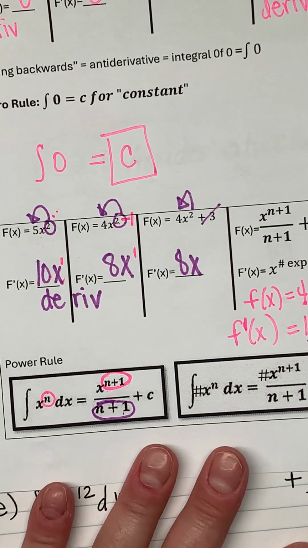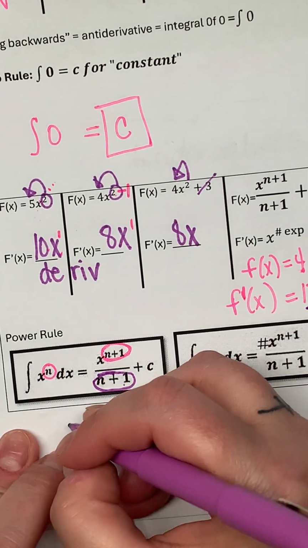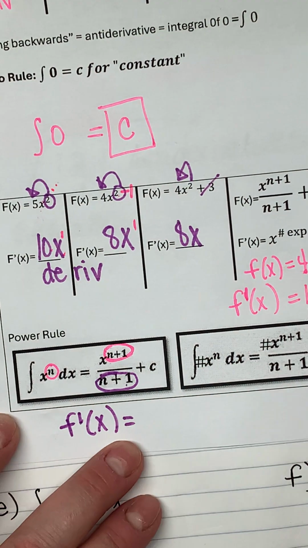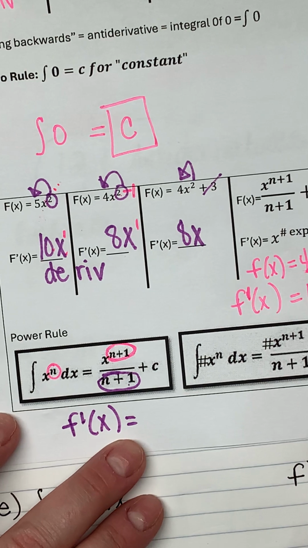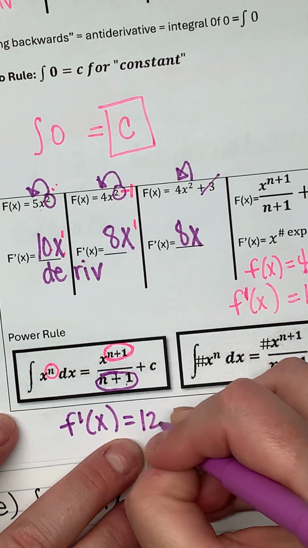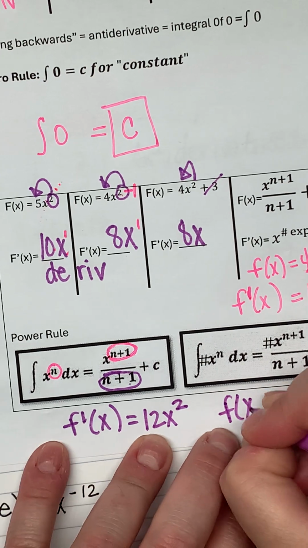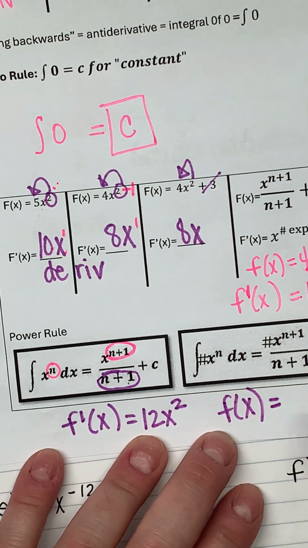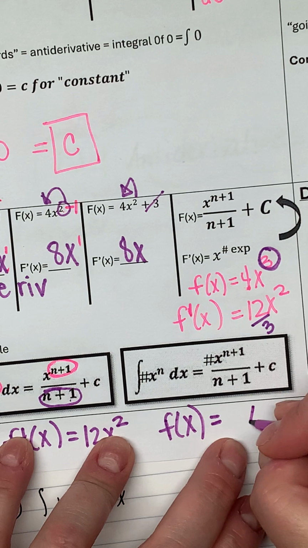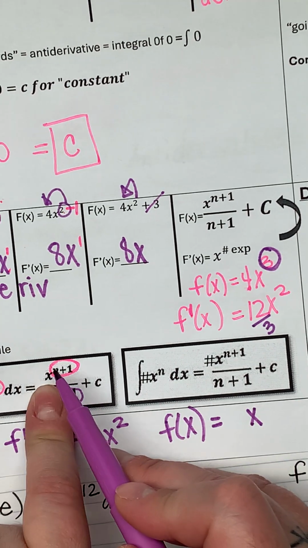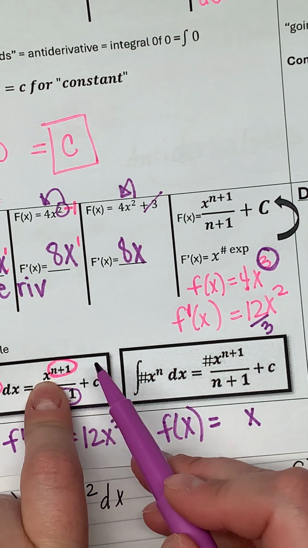Okay, so what that means is, let me give you a derivative. We'll just go with 12x squared. To find the original, you take x, and you raise it to the exponent plus 1.